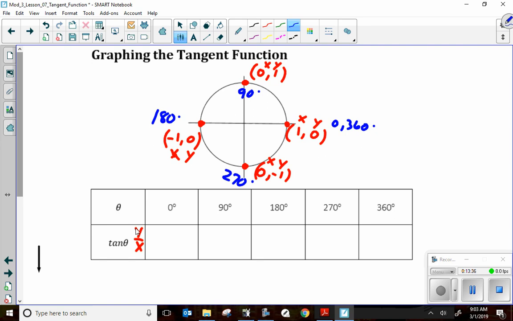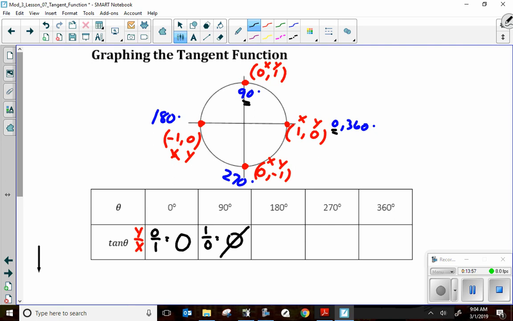So let's start filling in our table, okay? At 0 degrees, it's y over x, 0. At 90 degrees, it's y over x, undefined.